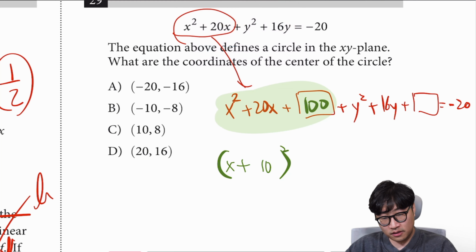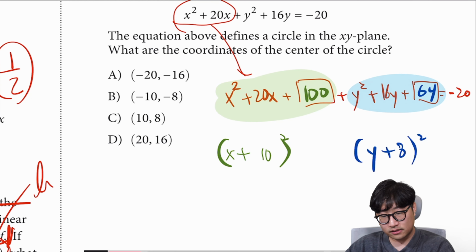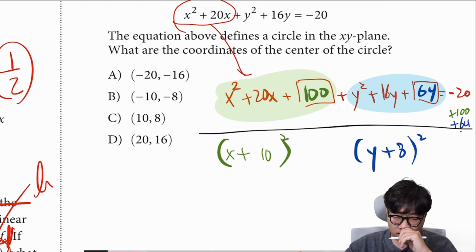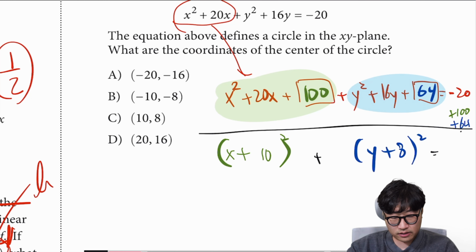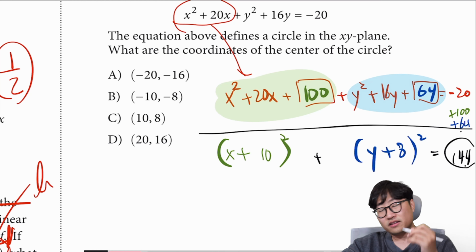And then that would be y plus 8 squared, and that'll be 64 when you expand that. So you better add the same on both sides as well. Add the 64 and add the 100. So when you do all that, you can get the circle equation. This one you can calculate to be 144. The radius would be 12, but was that necessary?